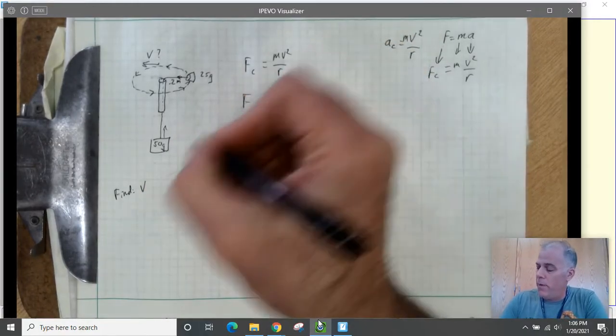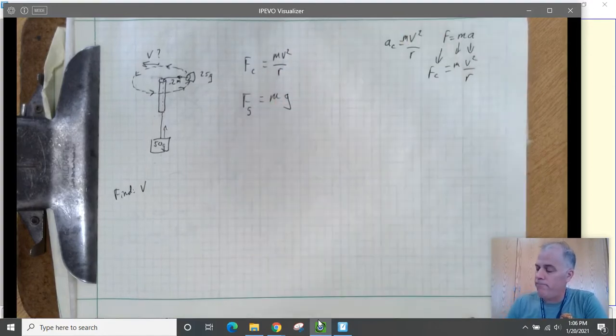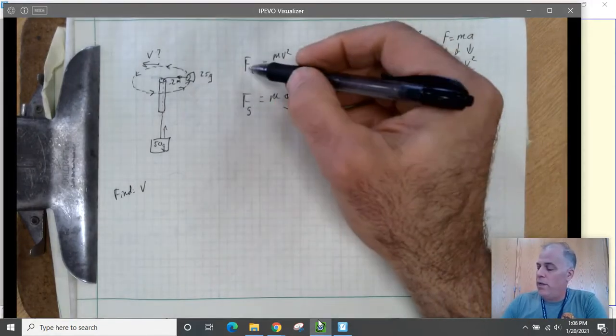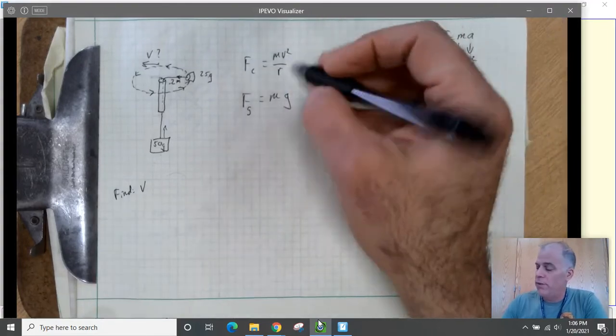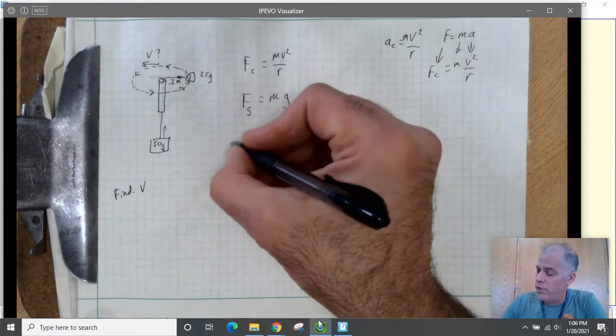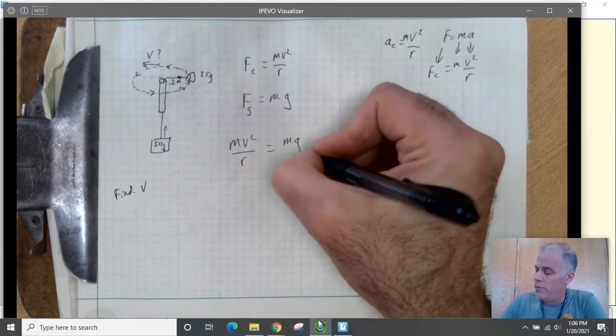So the weight, F sub g, is mg, okay? And we know that these two are equal to each other when the system is stable. So that means we can combine these two equations. We can say mv squared over r is equal to mg.